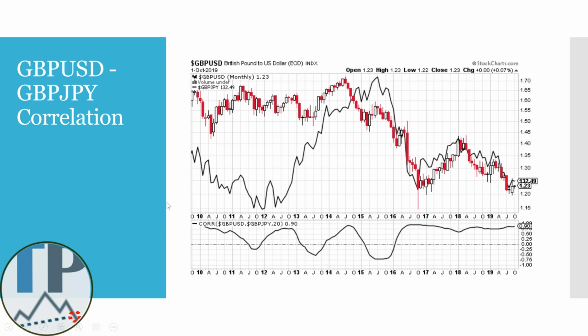Okay, and now for the pound US versus the pound yen correlation. This is one of the more common FX pairs that come onto my particular radar. I do like the volatility that comes with both of these pairs.